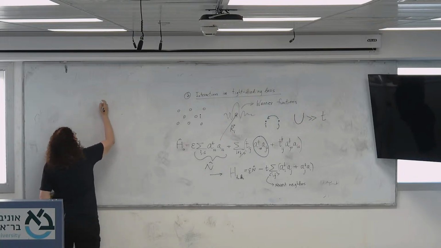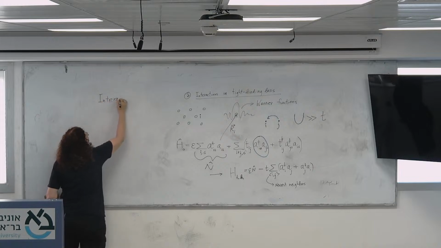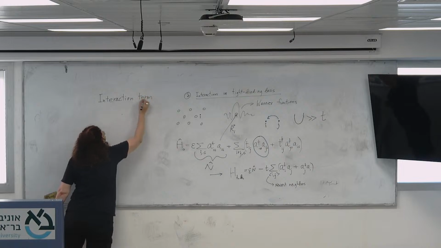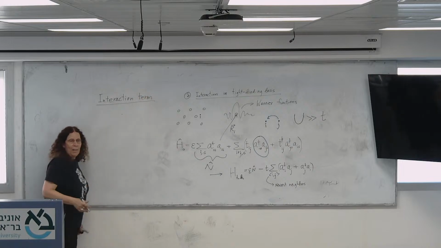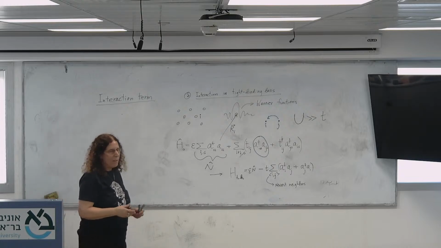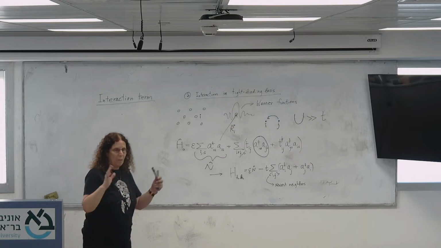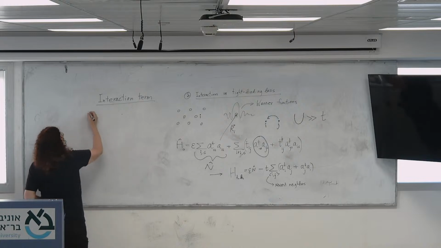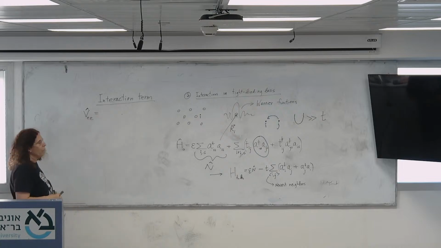So, classification of interactions. Interaction terms. And what I'm going to do is, first of all, write the most general interaction term. We already wrote the most general form in the beginning of the class, but now I want to use the basis of the lattice sites.